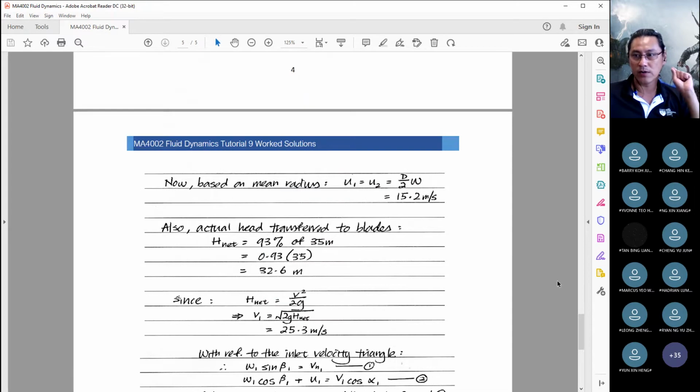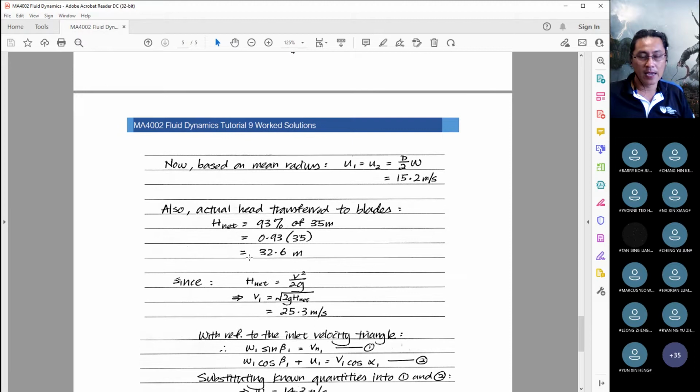Because there's 7% loss, we have to calculate the actual pressure head that's been transferred to the turbine blades by the water. So let's just call it H net, the net pressure head. Because we know the 7% loss, we have to take 0.93 and multiply by the 35 meters. And that will give us 32.6 meters, which is after the losses.